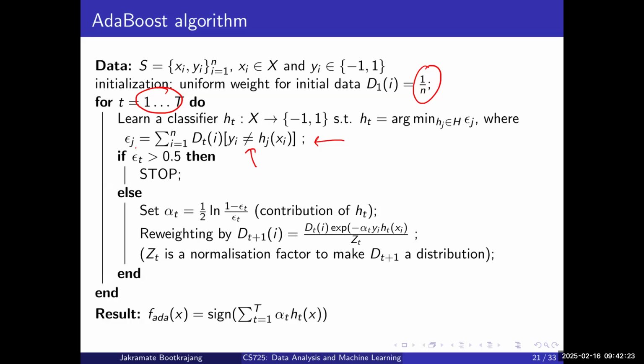And if the error rate is greater than 0.5, you stop. Why do we stop when the error rate is greater than 0.5?